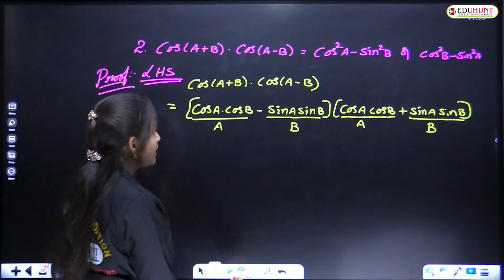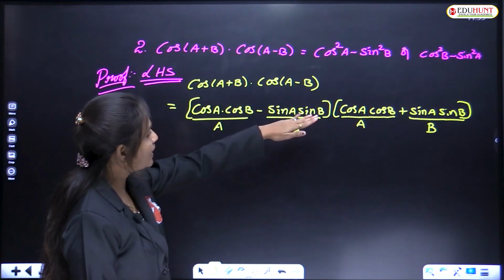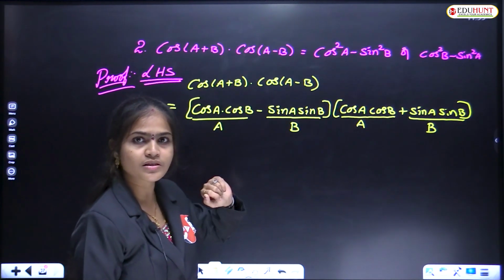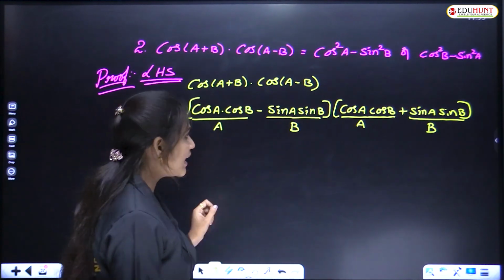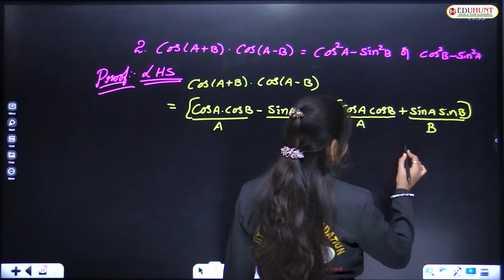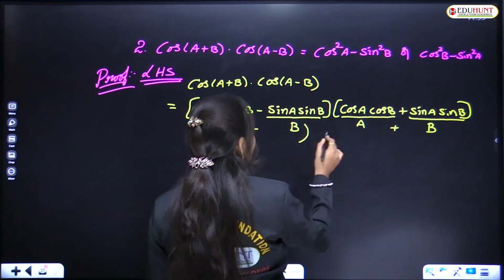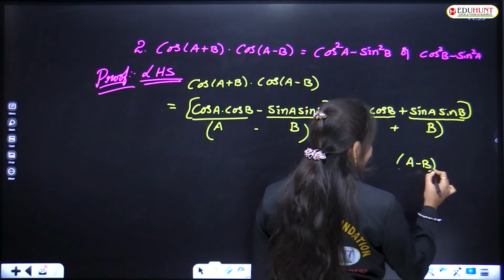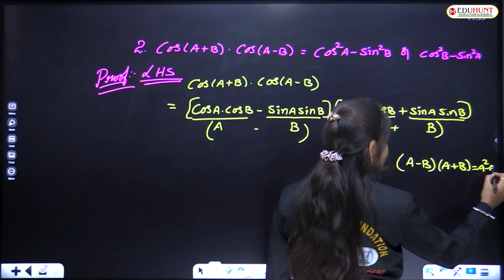Now just observe that one here. Cos A cos B minus sin A sin B into cos A cos B plus sin A sin B. Which identity here again we have to use? Most probably we have to use the identity A plus B into A minus B, here this is A plus B and this is A minus B. So A minus B into A plus B is equal to A square minus B square.